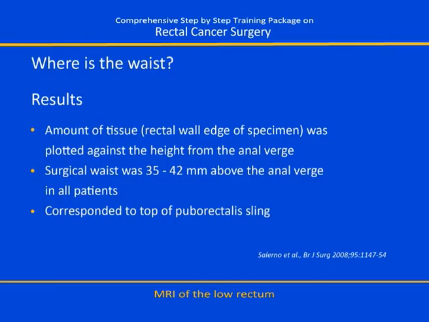So in a sense, if we can identify those patients with the tumour, with the invasive portion of the tumour at that sort of level, we can therefore identify those patients that are at the highest risk of ending up with a positive margin due to wasting. And so this level, the top of the puborectalis sling, is the real danger point as far as staging and assessment of rectal cancers go.